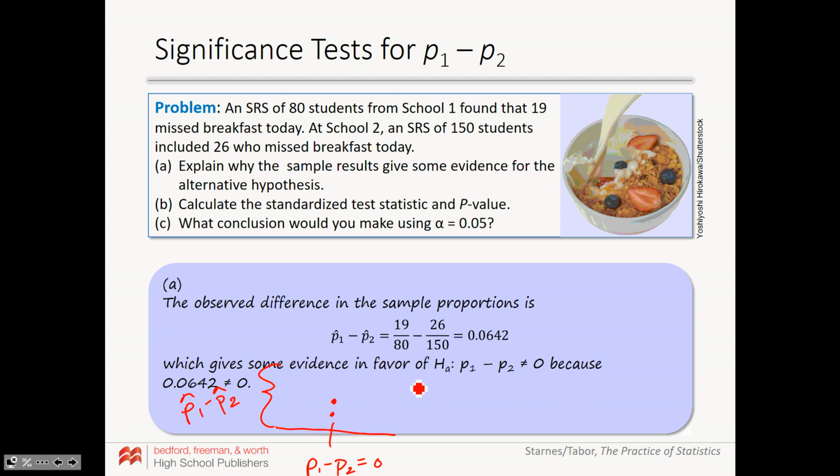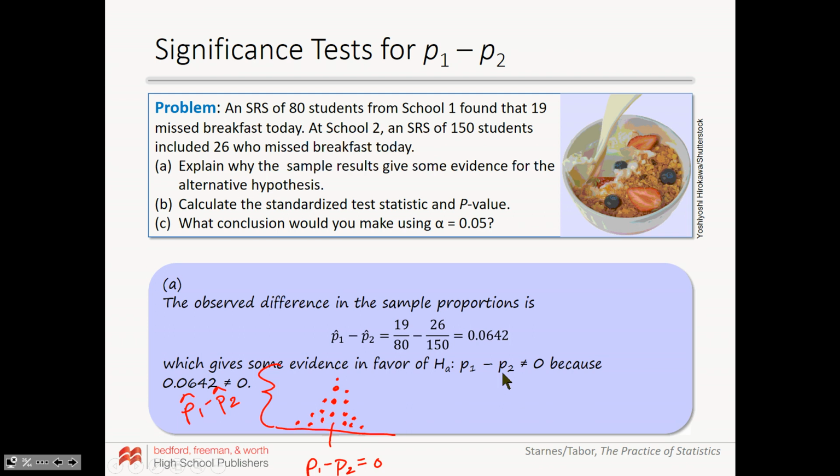Sometimes those differences might be 0, but a lot of times they're going to be a little bit more than 0, and maybe even a decent amount more than 0. But sometimes they're going to be a little bit less than 0 as well. And remember, with sampling variability, this distribution is going to be approximately normal.